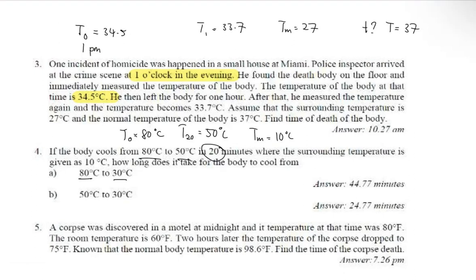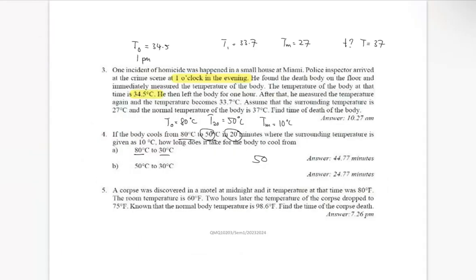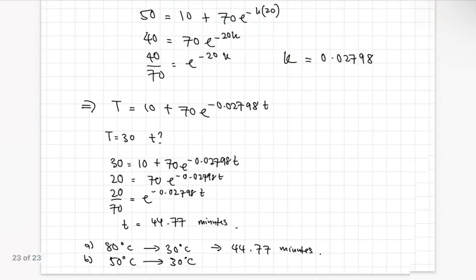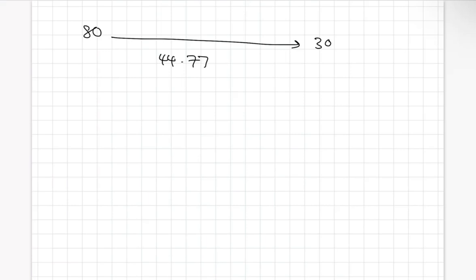Then to cool from 50 degree to 30 degree, if I draw this one for B. So 80 degree to 30 degree, to cool is around 44.77 minutes. And to cool from 80 to 50 degree is around 20 minutes.